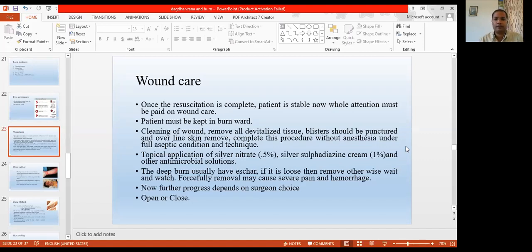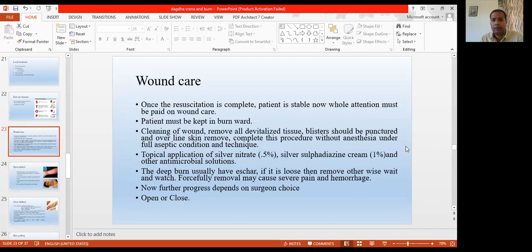First of all, if you have the facilities, the proper burn ward, you shift your patient from the ICU to the burn ward. The burn ward is a specially designed ward where direct air entry is prohibited, so you can stop the pathogens present in the air from coming into direct contact with the patient.